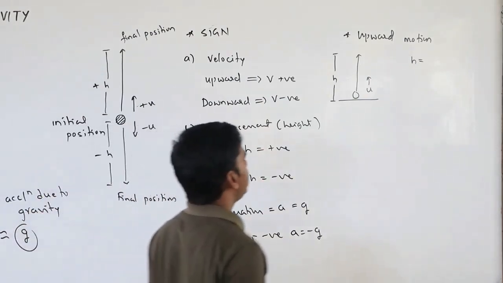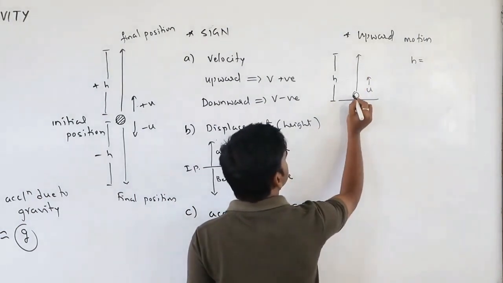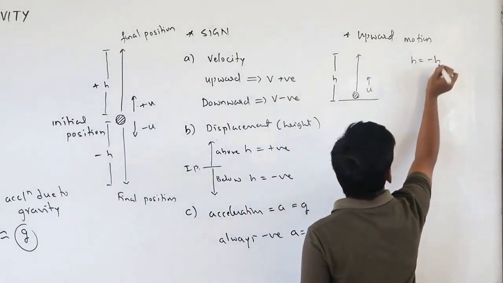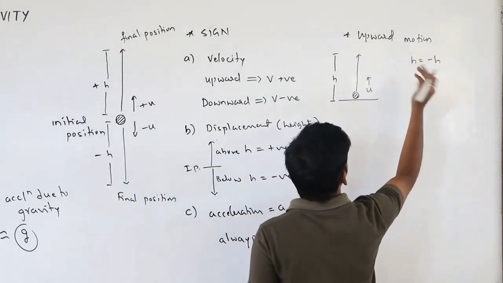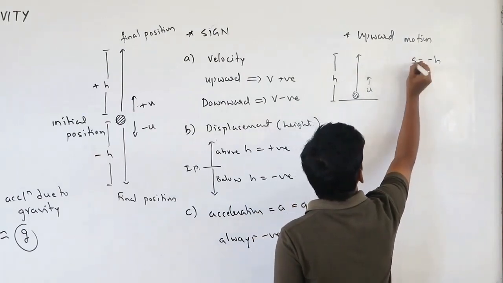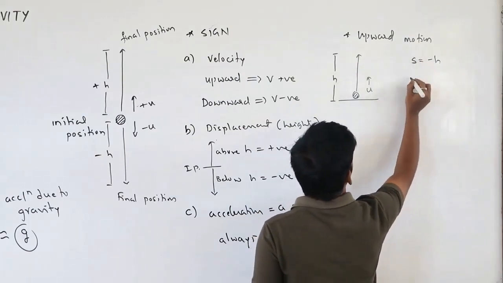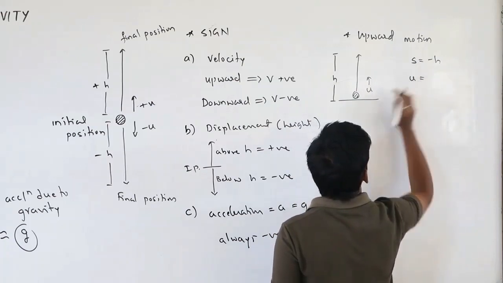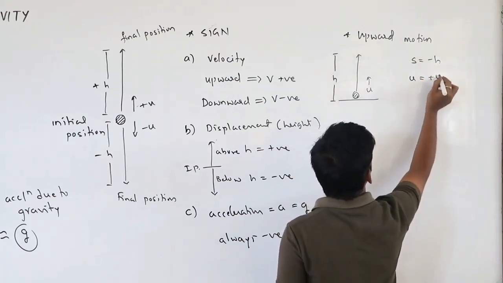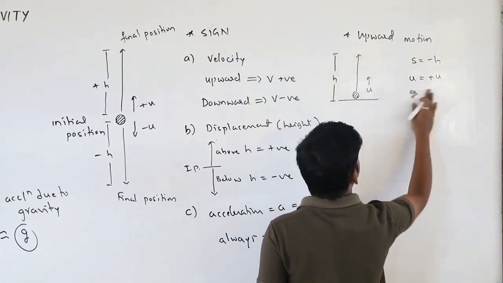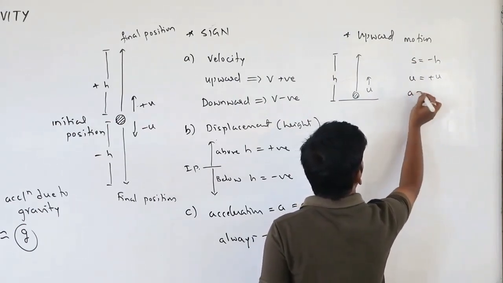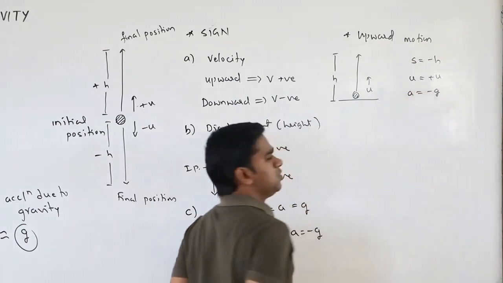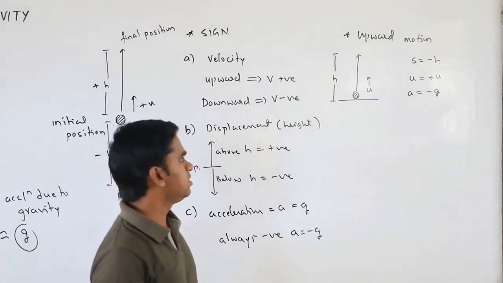If it is above the initial position, what do you write? H you have to take negative. H means displacement. Displacement s equals minus h. Velocity u is in the upward direction, so positive u. And acceleration as usual is minus g. We will see how the equations get changed.